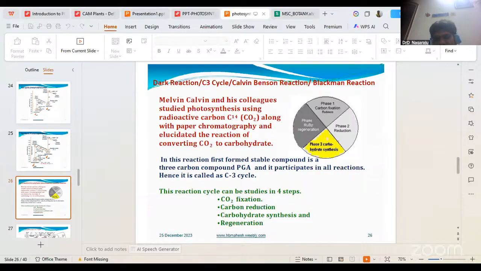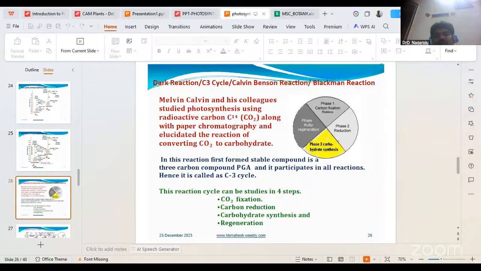You know the C4 plant. We also call it the Kranz anatomy, from the bundle sheath. Kranz means garland.